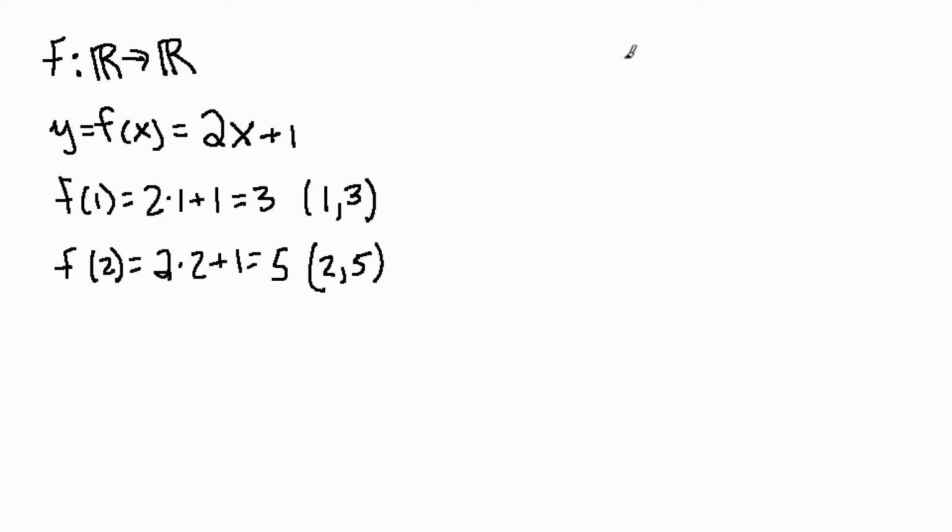And if I were to come over here and graph this thing, we know it's a straight line. We have 2 points determine a line. So if I come over here, why don't we say that's 1, 2, 3, 1, 2, 3, 4, 5. So 1, 3 is on the line. So 1, 3 would be right over there.